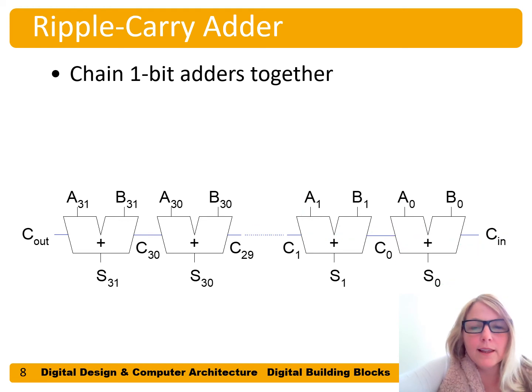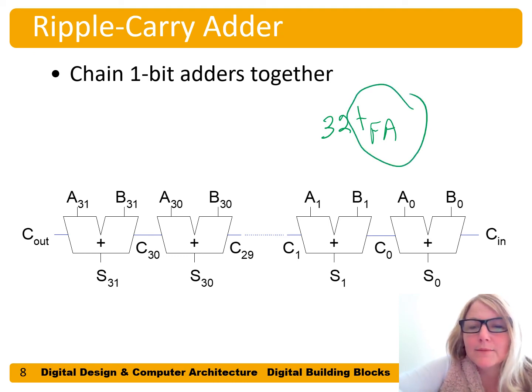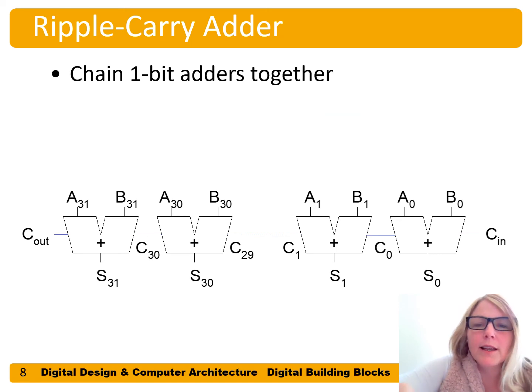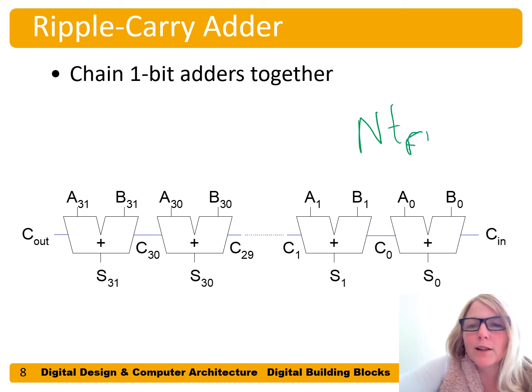So the delay for this 32-bit adder is 32 full adder delays. We designed a full adder in the previous slides, so we could figure out what that delay is from our individual gate delays. And generally for an n-bit adder, it's n times the full adder delay, because that carry has to ripple through each of those full adders.